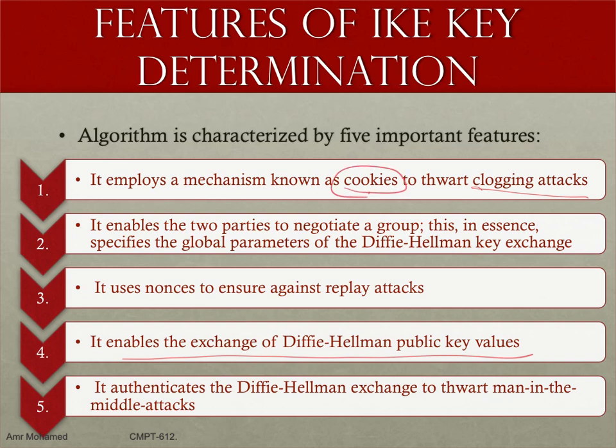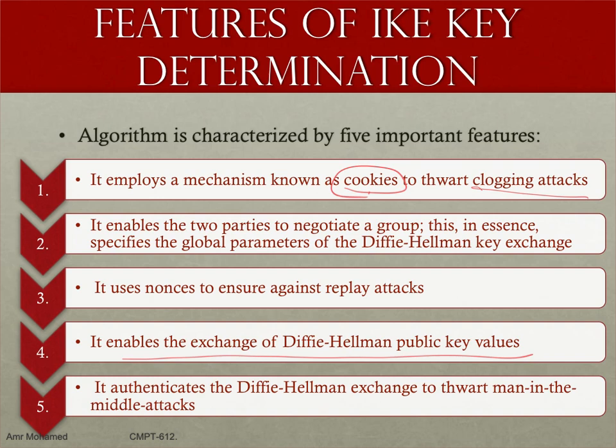The details for that particular mechanism are not detailed in the book, actually, so we don't have to know the details of this, but you can think of it as like you have a hashed value, based on the IP address of the source and the destination and so on, which prevents the fact that you can send illegitimate messages from multiple IPs, because if you send very frequent messages from the same IP, it's easy to label that as suspicious, right?